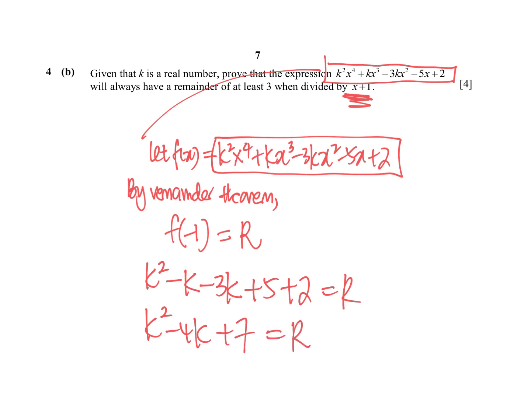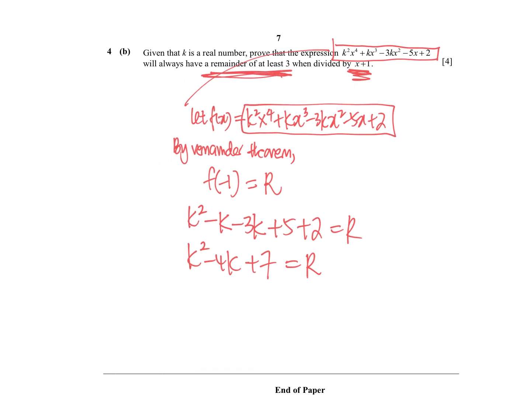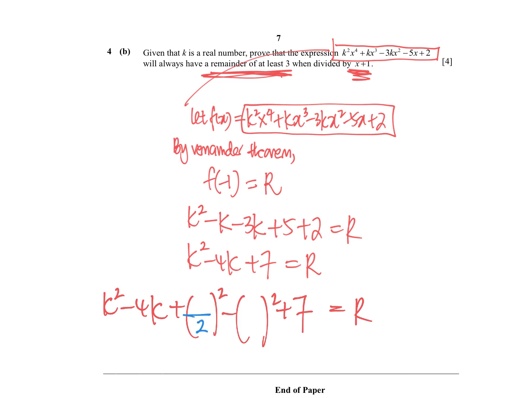Okay, here's the highlight. I want to show that the remainder is at least 3. So I need to do my completing the square here. So I will plus bracket square minus bracket square. This is important for E-math curve sketching. So I will always divide by 2.